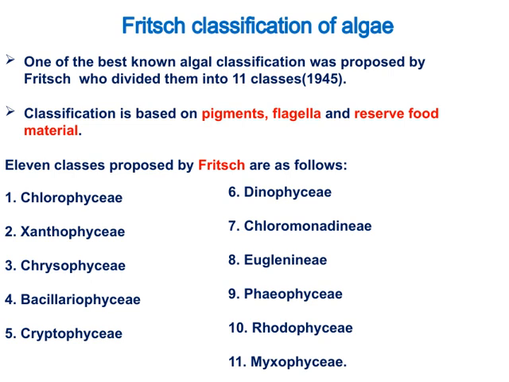Moving on, we have Chloromonadinae and Euglenidae, which include some mix of plant-like and animal-like features. Then there's Phaeophyceae, the brown algae, and Rhodophyceae, the red algae, both important in aquatic habitats. Lastly, Myxophyceae, which are commonly known as blue-green algae or cyanobacteria.